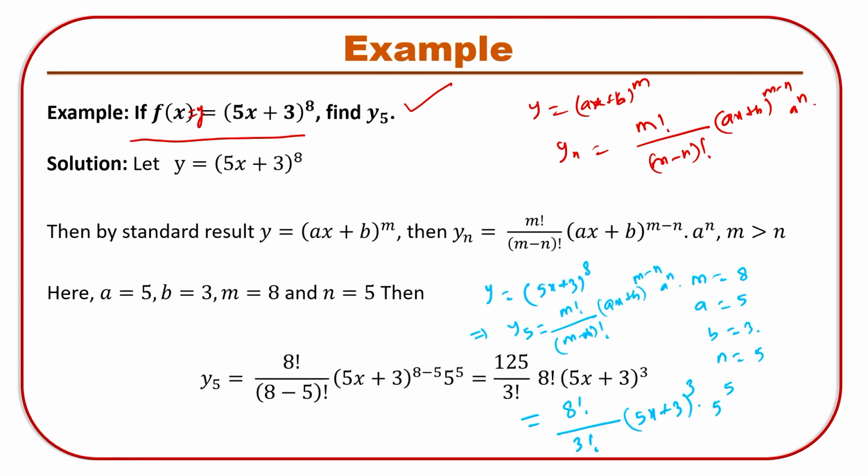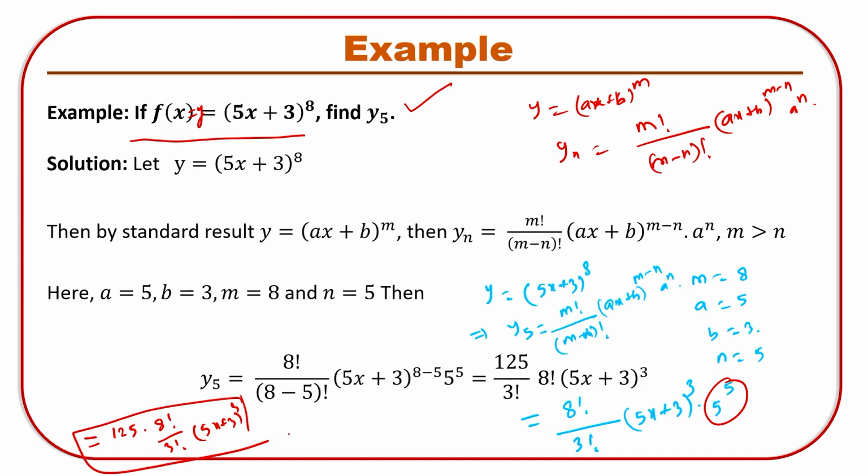And how much will it give you? Let me calculate this. So this will be 5 power 5, which is 3125, times factorial 8 divided by factorial 3, into (5x plus 3) cube. That will be your answer, right?